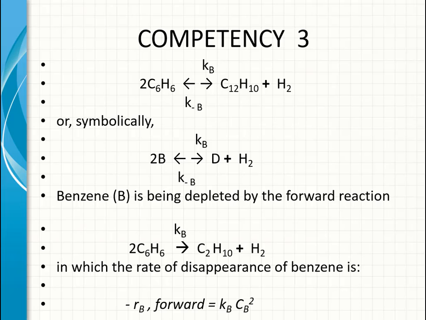Benzene, in which case is B, is being depleted by the forward reaction. 2 of benzene at a rate constant Kb will give us 1 of diphenyl plus 1 of hydrogen. Here, the rate of disappearance of benzene, minus Rb forward, is equal to Kb times the concentration of B elevated to the second power.